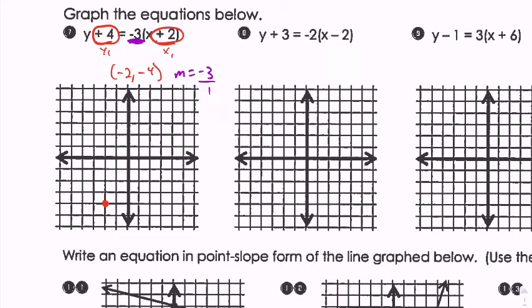So that means we go down 3, right 1, but we can only go down 2. So that means we have to think of it as 3 over negative 1. So that means up 3, left 1. So up 1, 2, 3, left 1. There's our next point. Again, up 3, left 1.